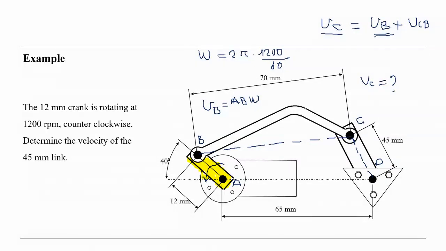We know the direction of VC: it must be perpendicular to CD. And we know the direction of VCB: it must be perpendicular to CB. So using this vector triangle, with the scale, we can easily calculate the VC and VCB. I will not calculate in detail.